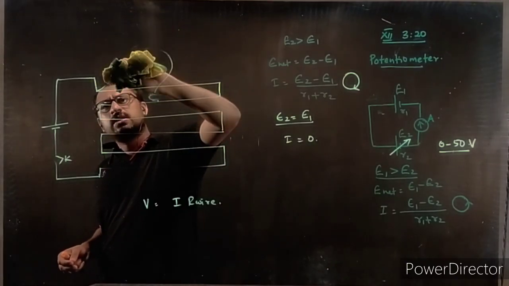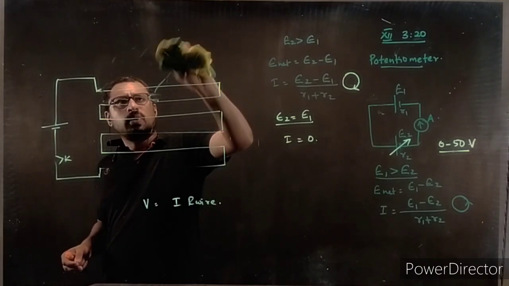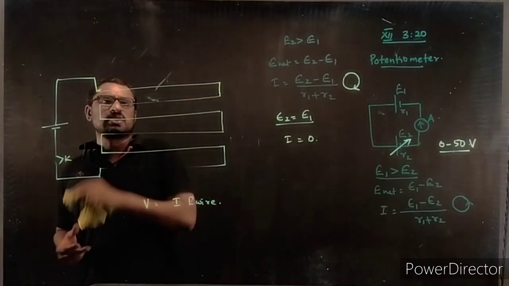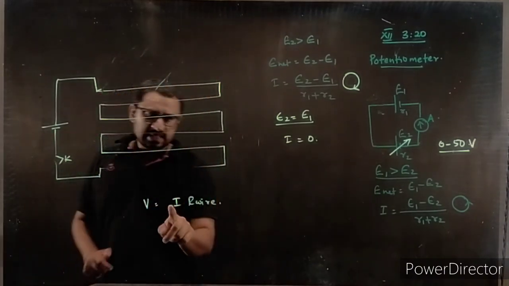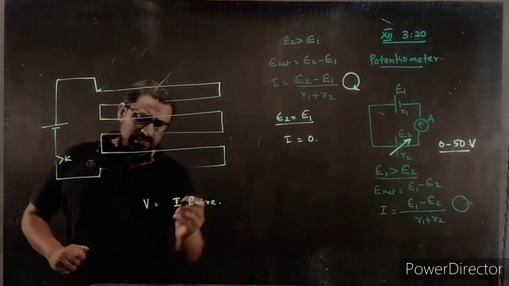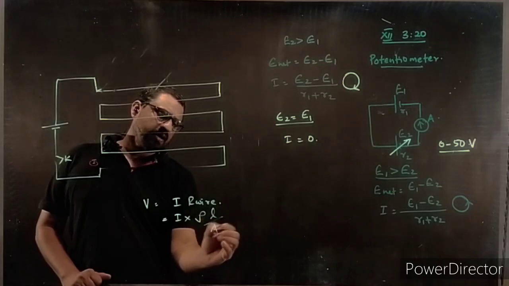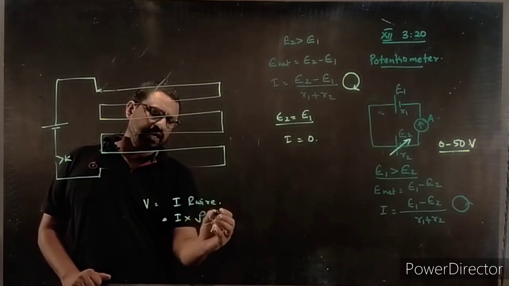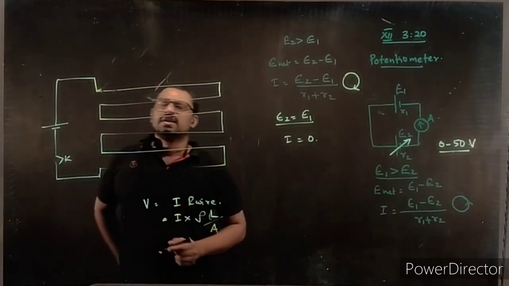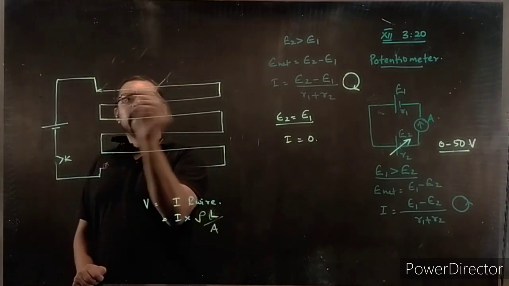The potential difference across the whole length is I into the resistance of the wire. That will be I into rho L by A, where L stands for the total length of the wire. Now what will be the resistance of any length?